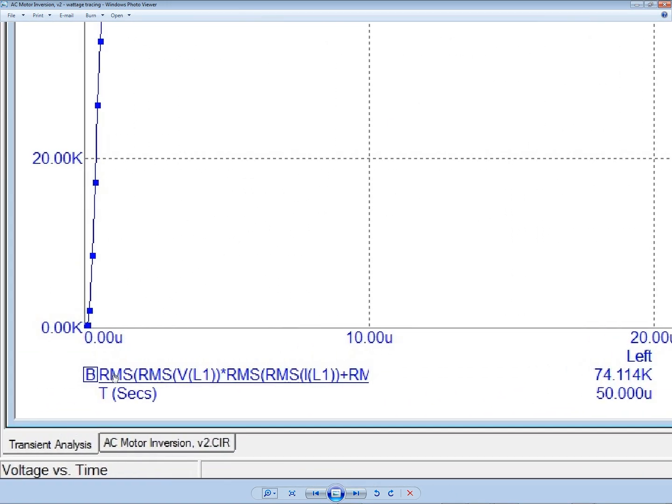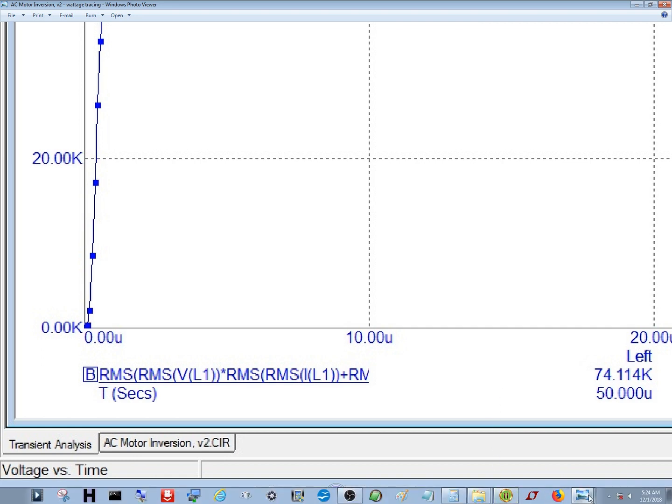So you take the RMS of the total product of the RMS of the volts of L1 times the RMS of the summation of the RMS of L1 and the RMS of L2 and the RMS of A1 and the RMS of A2.